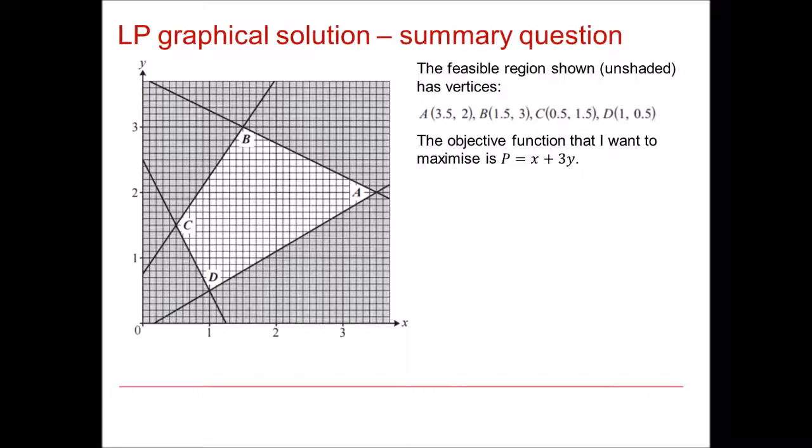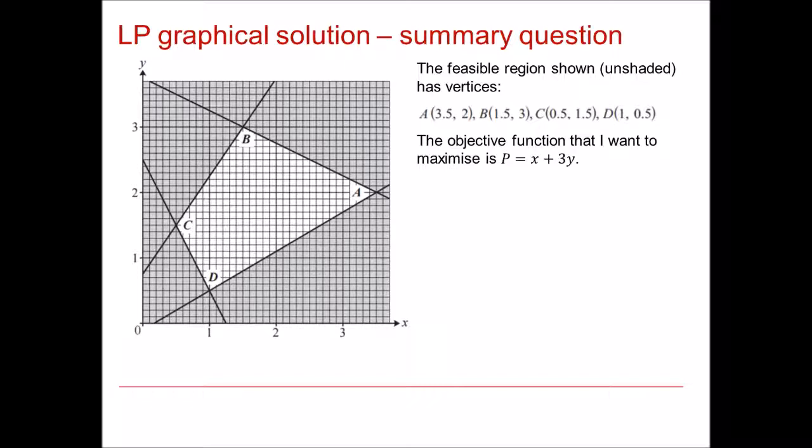So let's look at this question then, where the feasible region is in the centre there, and we've got the coordinates of each of the vertices. The objective function this time is p equals x plus 3y, so we need to start off by putting in some function which has got the correct gradient.